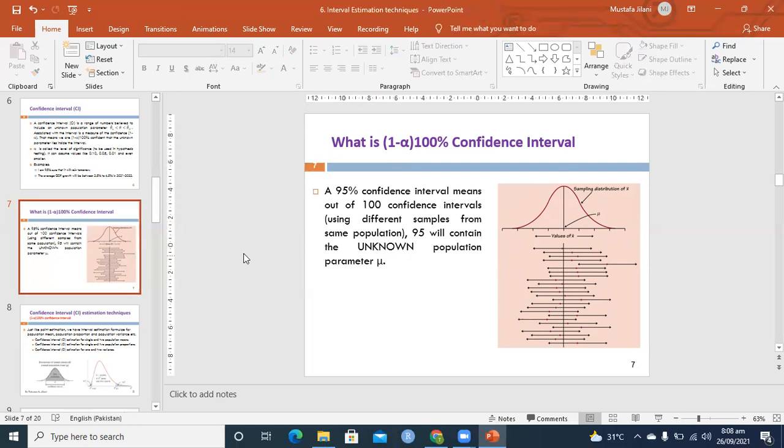This is a very common practice in our daily life, that we talk about interval values, like the price of some commodity. For example, the price of a laptop of a particular specification is $700. You will not say it is exactly 700. Rather, you will say that the price could vary from 650 to 750 or 600 to 800. So this is our common practice in real life, that we talk about confidence intervals.